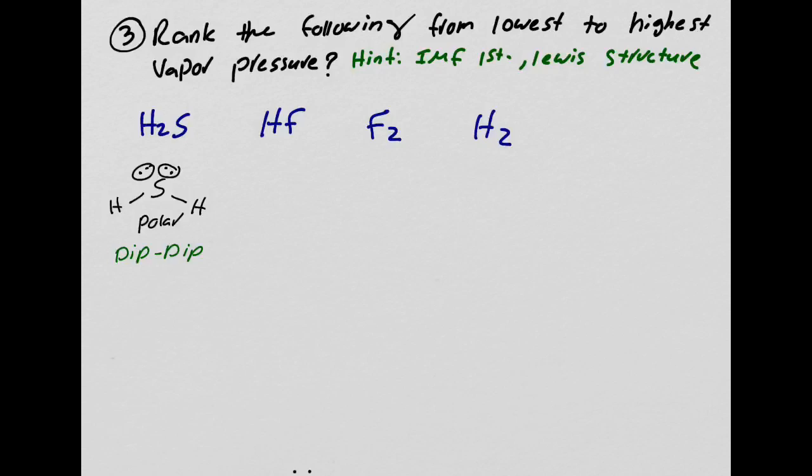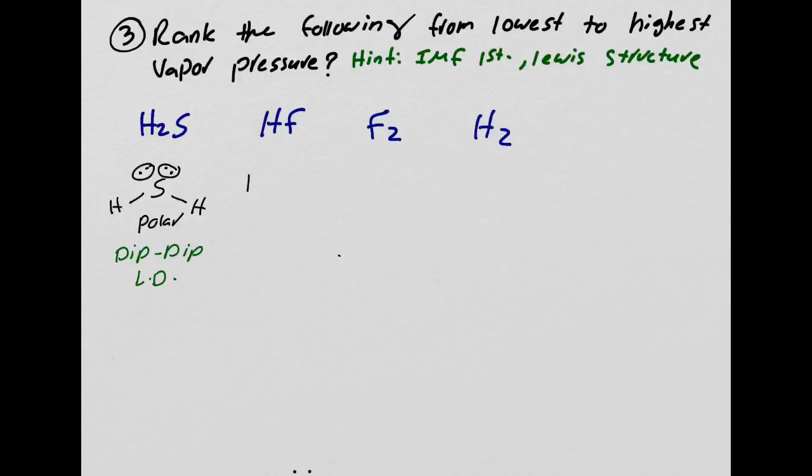Now, I mentioned to you guys before to count hydrogen as a non-metal. Also, we said everything has London dispersion, because London dispersion is a temporary dipole, and everything could have a temporary dipole.